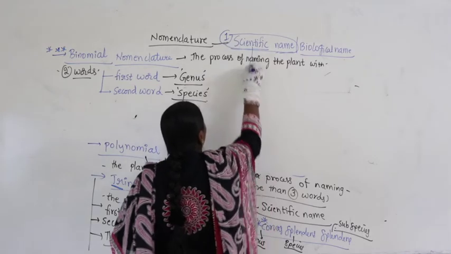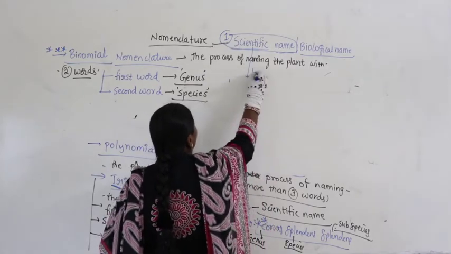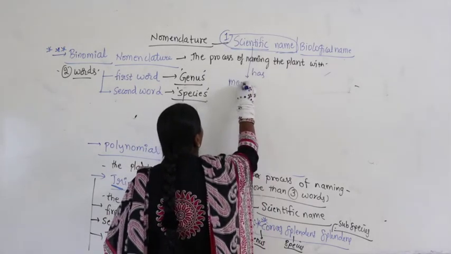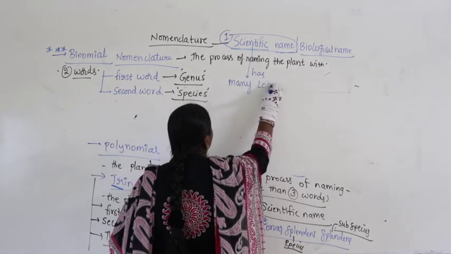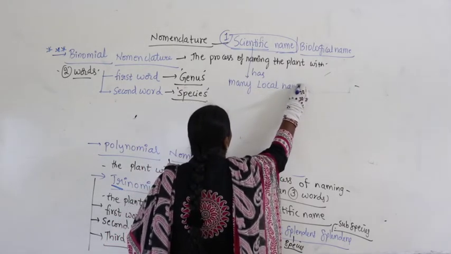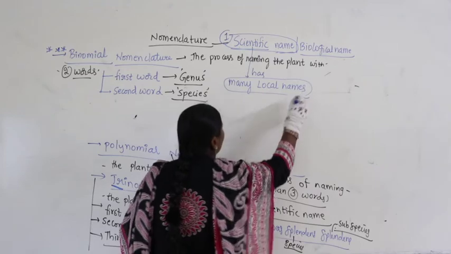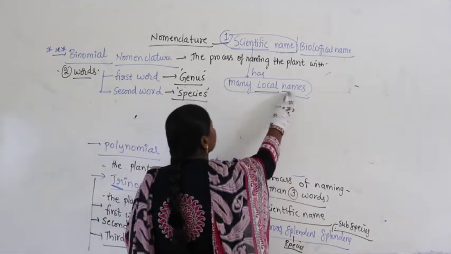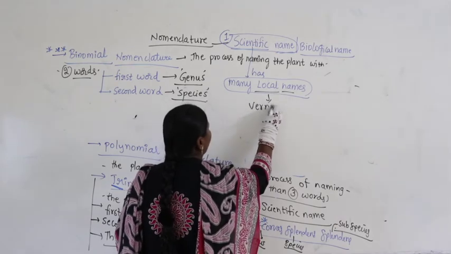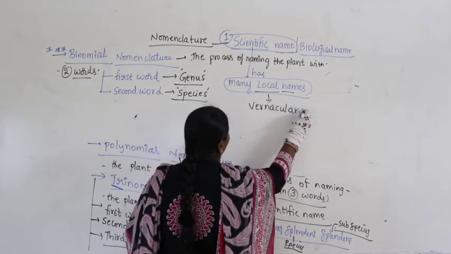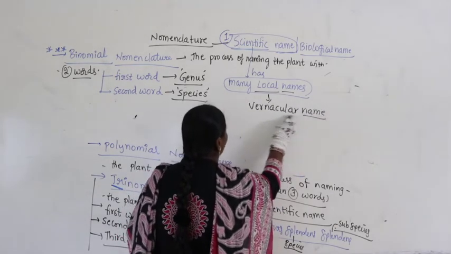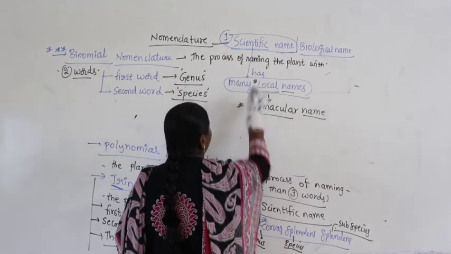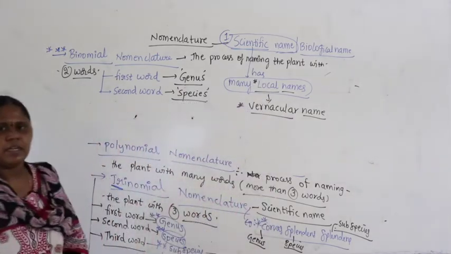Of course, there may be only one scientific name for one plant across the world, but this one scientific name of the plants has many local names, and the local name itself is called a vernacular name. What's the meaning of this?